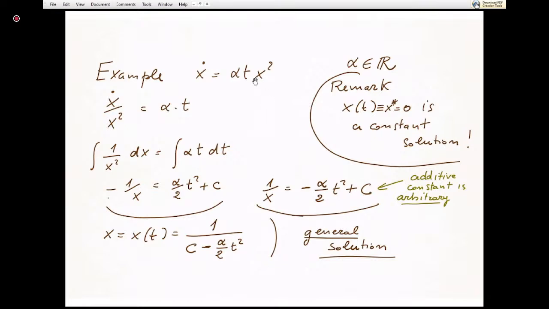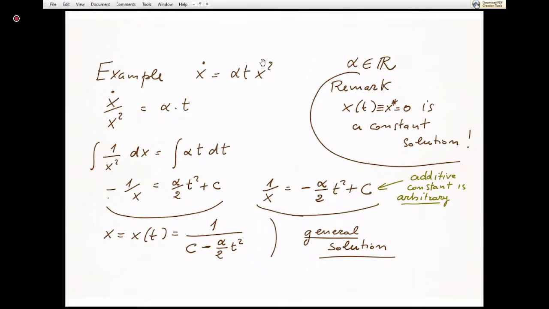Now, before separating the variables, so dividing both sides by the expression that contains x, which is x squared, I have to consider when x is constant at the level 0. This quantity x squared is 0 when x is 0.